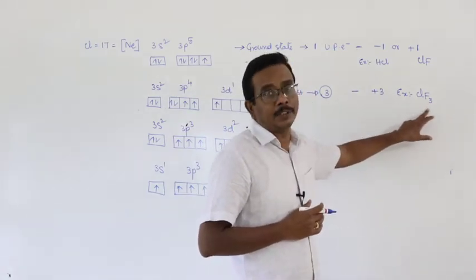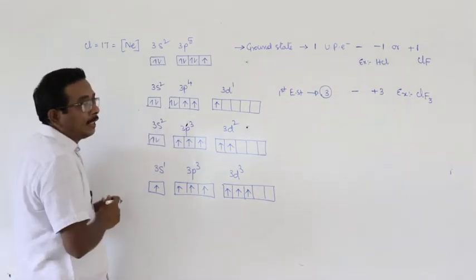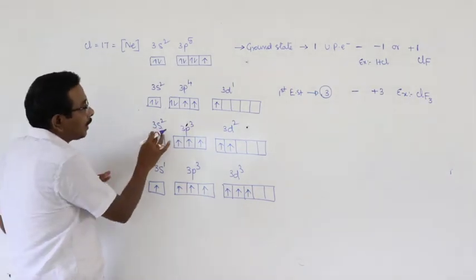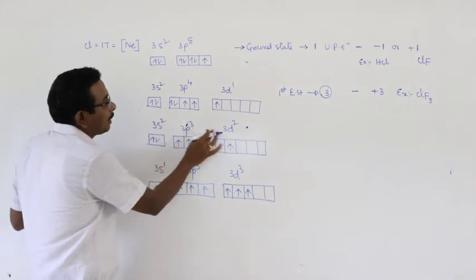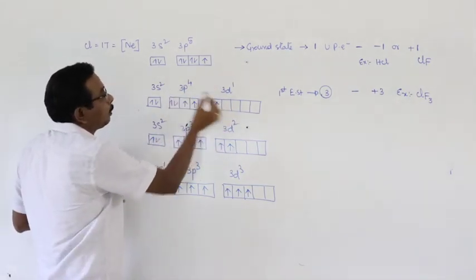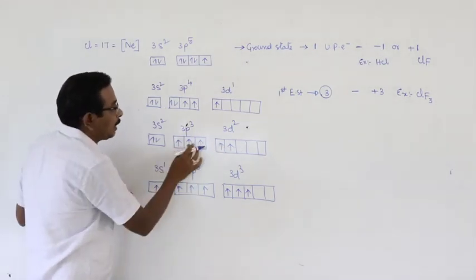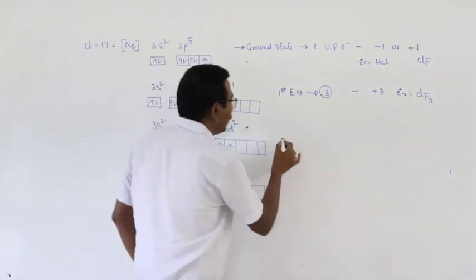Example ClF3. Right. And in the next excited state, the electronic configuration is 3s2, 3p3, 3d2, meaning one more electron is transferred from 3p to 3d. Then the number of unpaired electrons available is equal to 5.